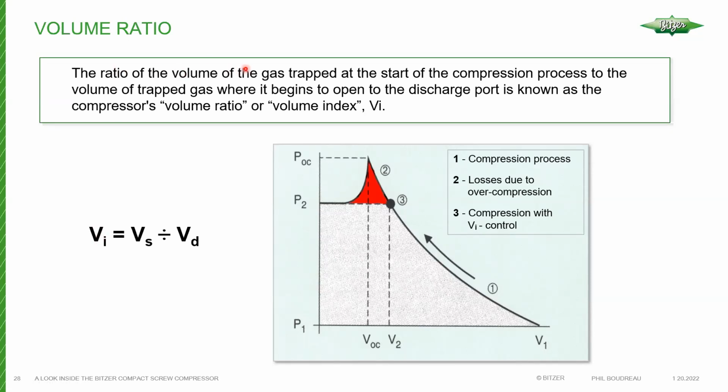The ratio of the volume of the gas trapped at the start of the compression process to the volume of the trapped gas where it begins to open to the discharge port is known as the compressor's volume ratio or volume index.